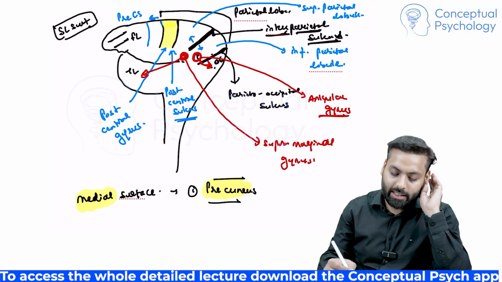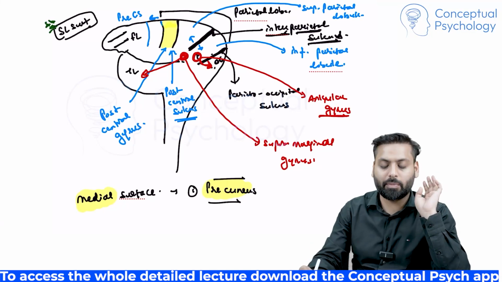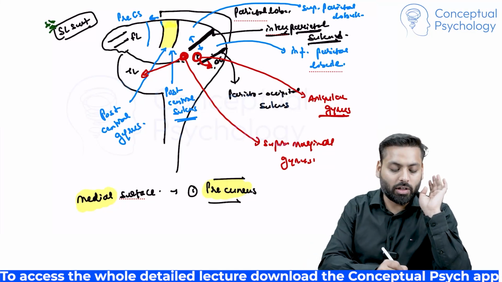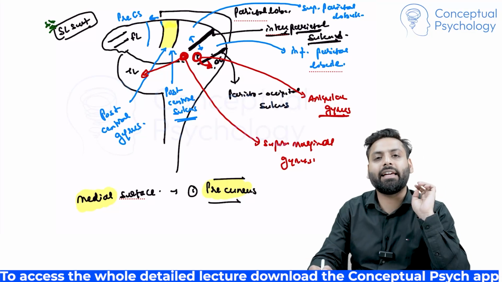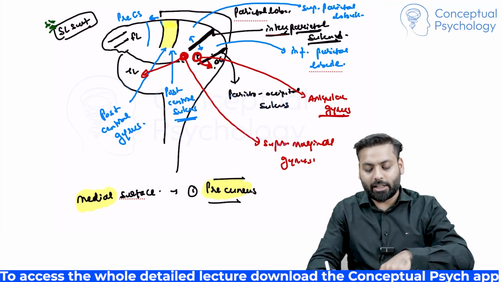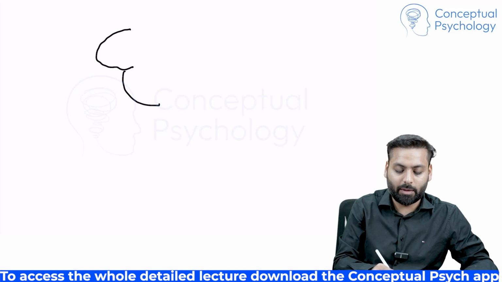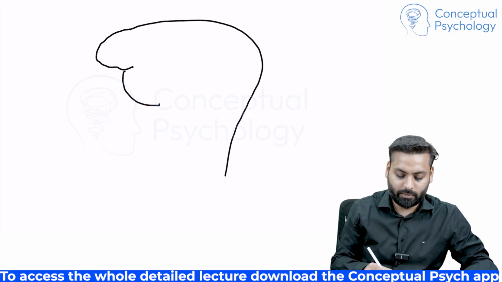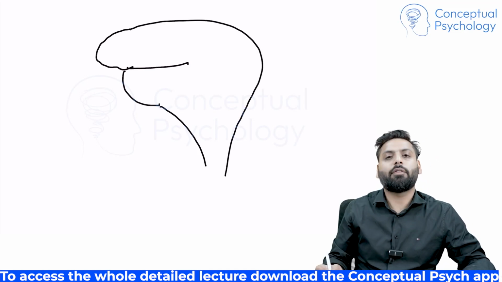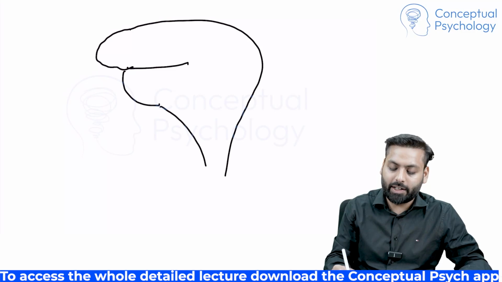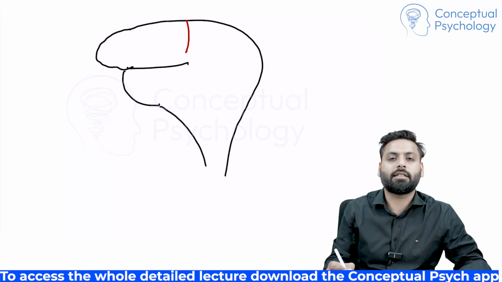But the superolateral surface you have to remember. I hope you have got it. What are the key areas present? Let me revise with you. The first structure that we draw to identify the brain is the central sulcus.